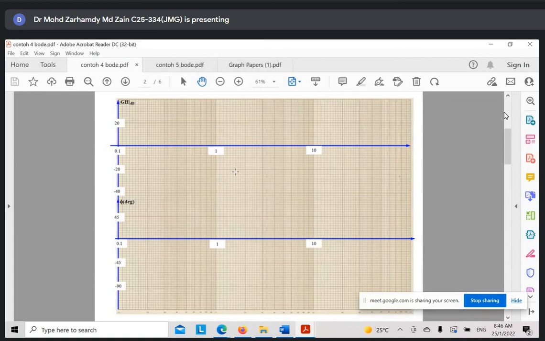But in both diagrams, you need to have two lines. If you just have one line, it is not enough. Then there is no information to get the value of phase margin and gain margin.